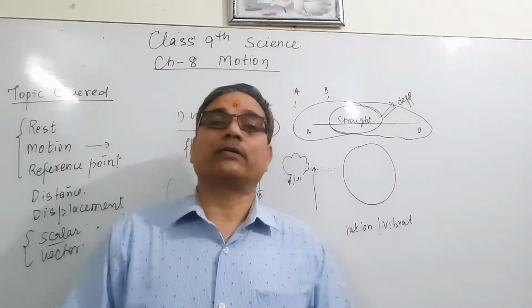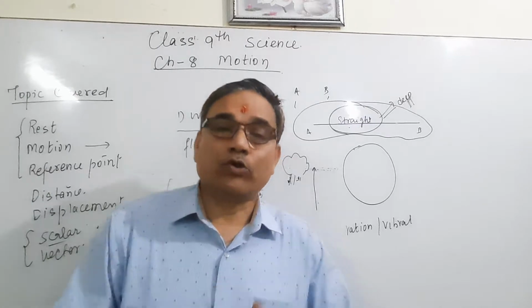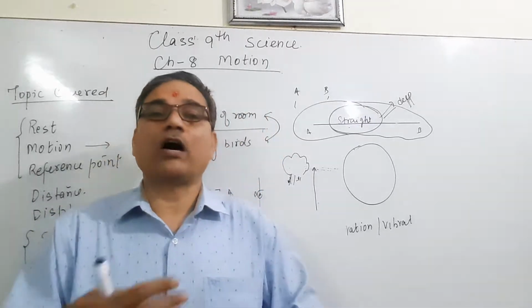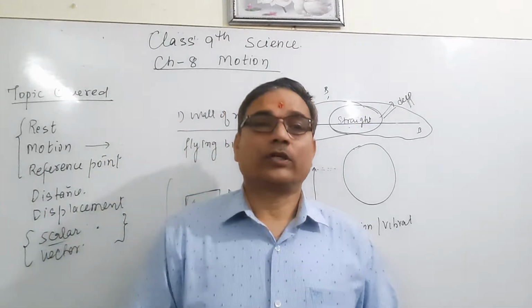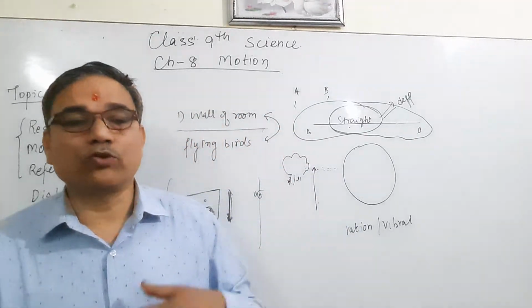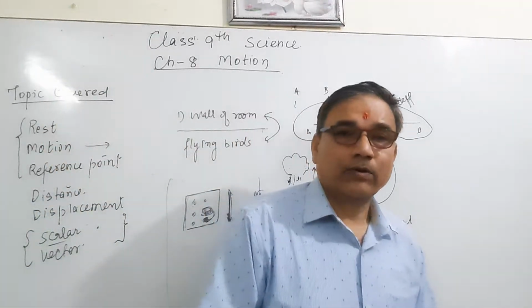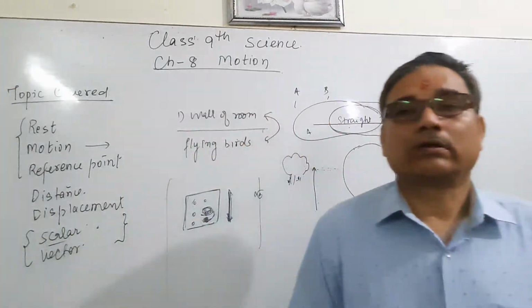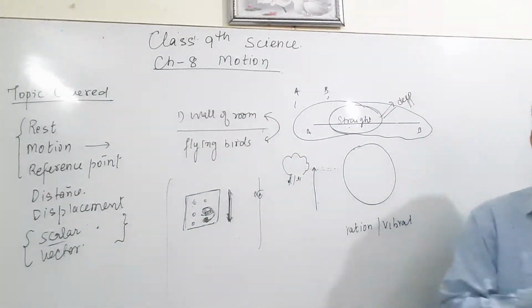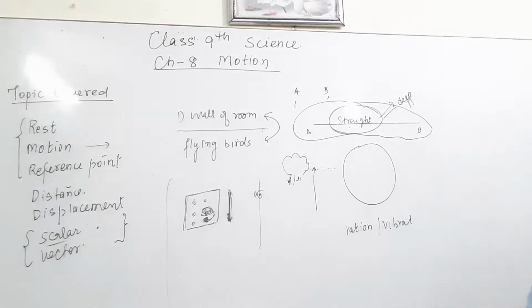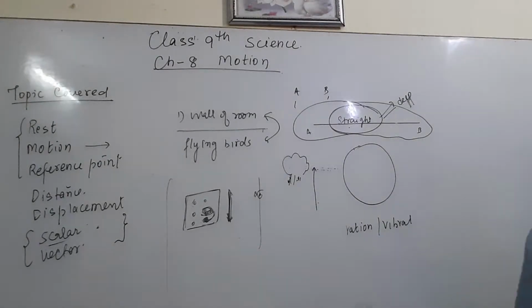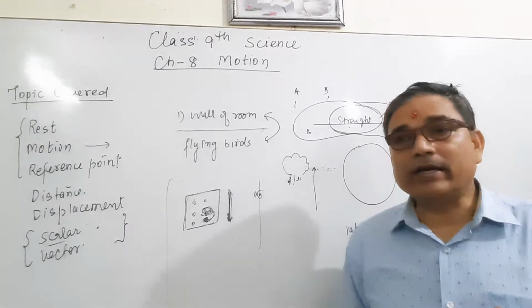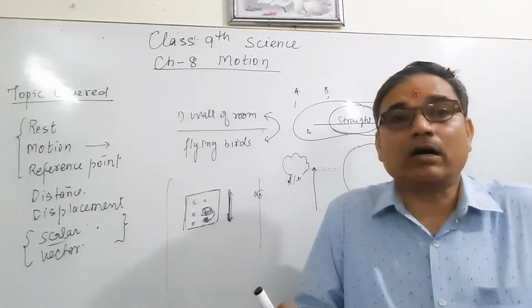Motion of an object, motion of a matter is beneficial or harmful. Give me an example of the motion of a matter or an object which is harmful to us and which is beneficial to us. Tell me. When water is moving at a high speed, we can say that it is a flood, which is uncontrollable.